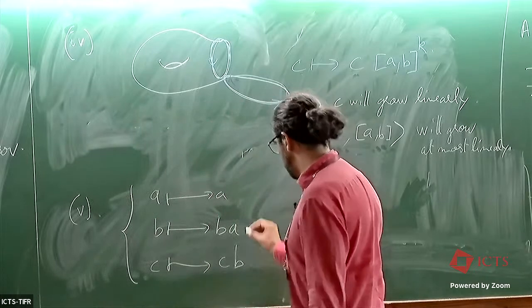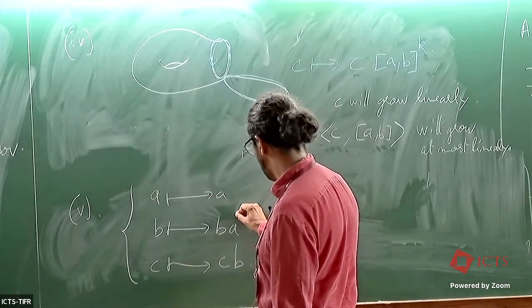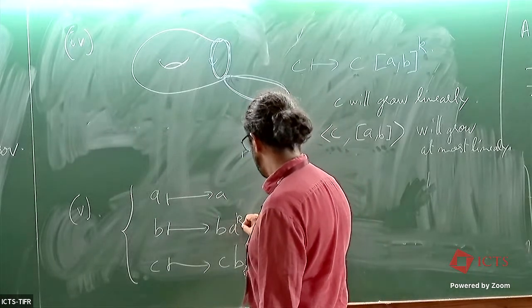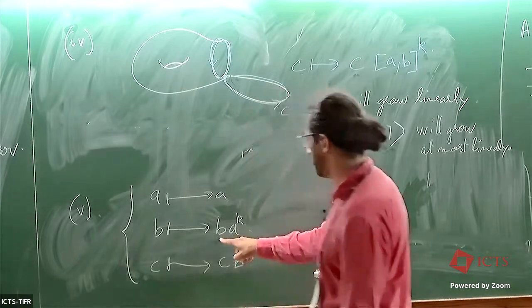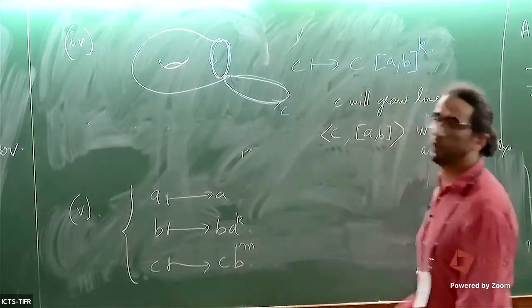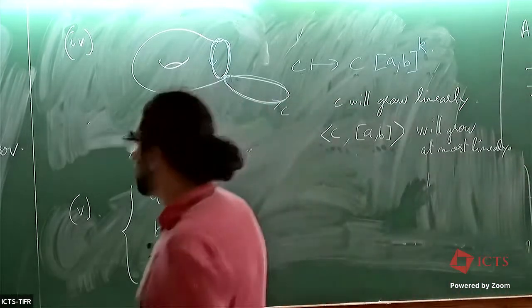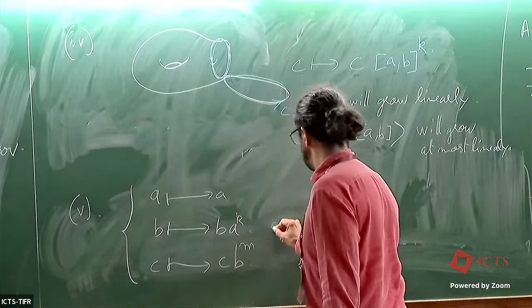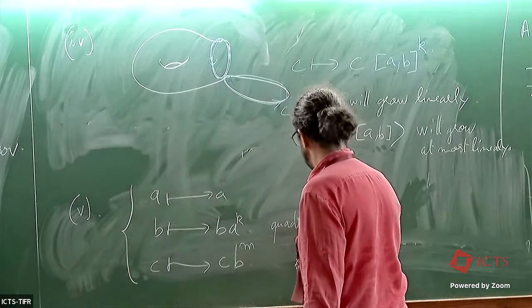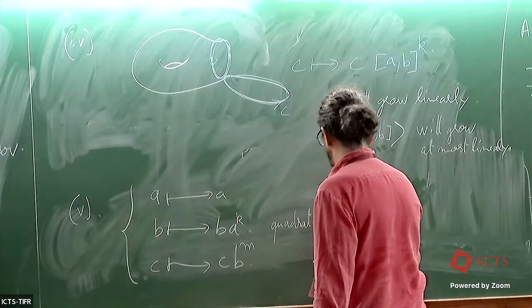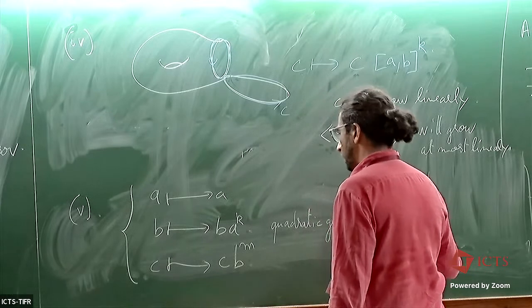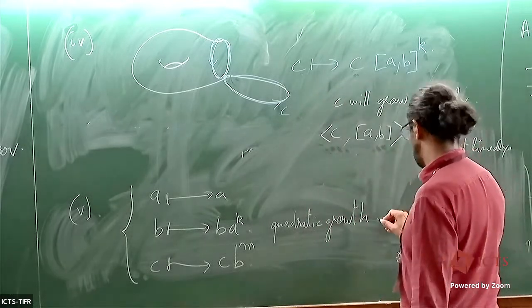Actually, I can play a little bit. I can make here a power, BA to the K, CB to the M. And it gives me many examples of quadratic growth, if K and M are non-zero.